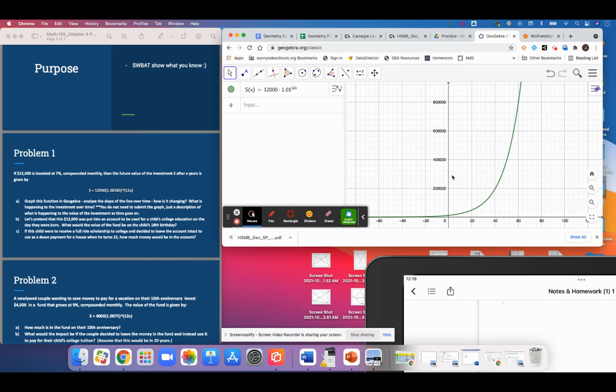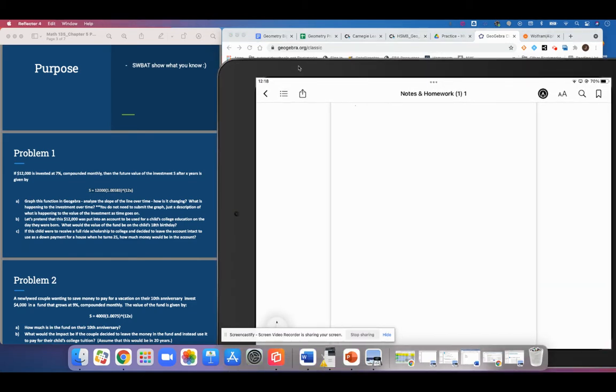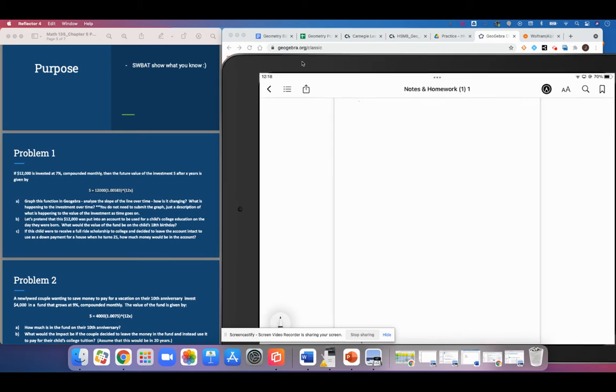What I would write on the iPad to describe my answer for question A, let's go ahead and do that. As the age of the investment grows, the money actually grows at a faster rate.